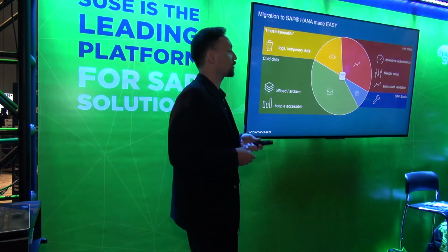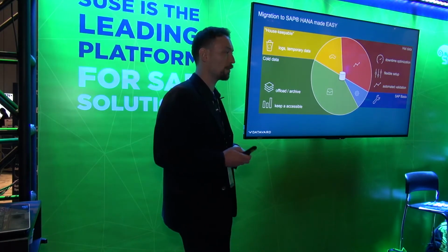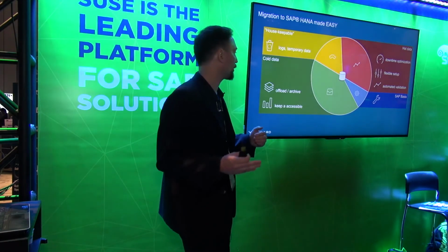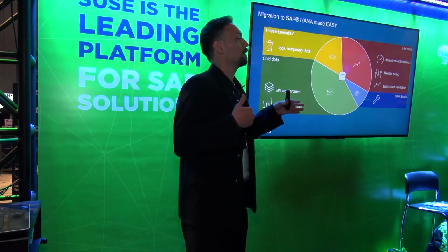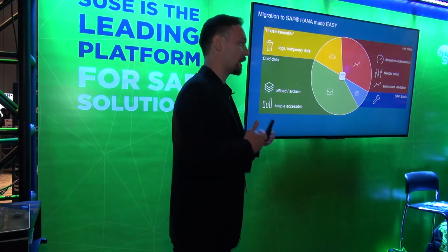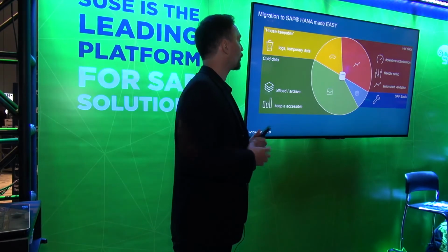Then another category which should be dealt with before the actual migration is cold data. Again, shrinking the size of the system before the migration is something that makes a lot of sense.